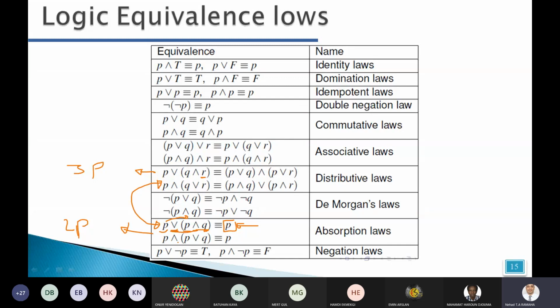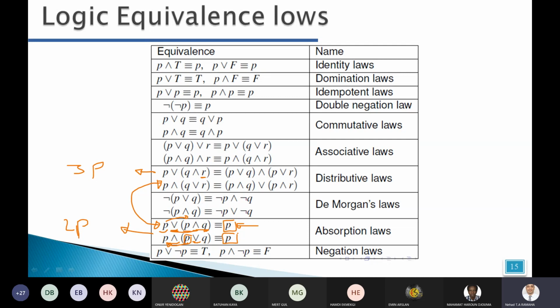And if you distribute this AND operator over the OR operator and one side is the same as the outside, then the outside will be the result.